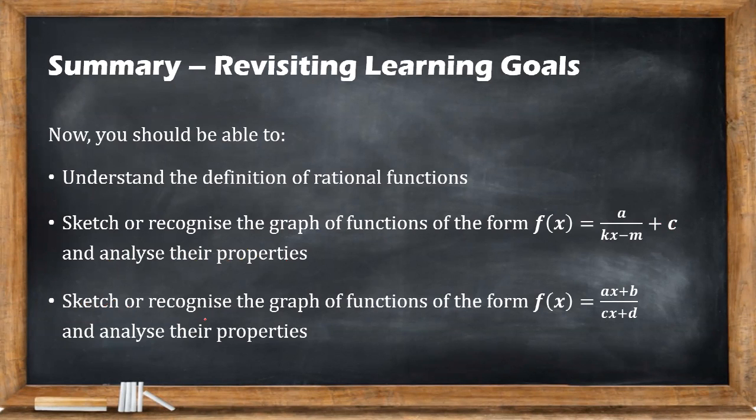And then sketch or recognize the graph of functions of the form f(x) is a ratio between two linear functions, and analyze their properties. Okay, I'll see you next time.